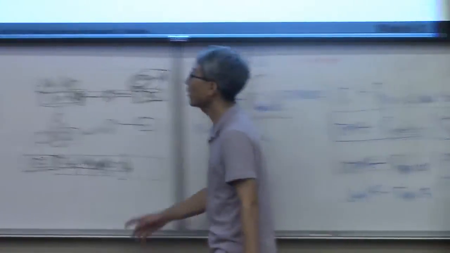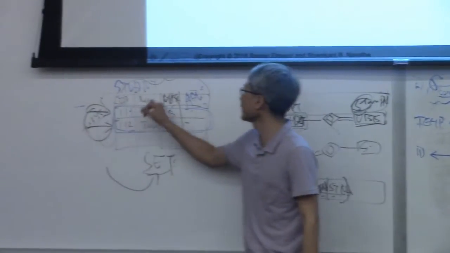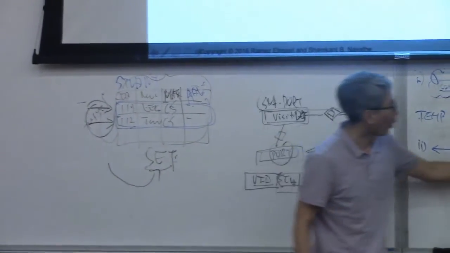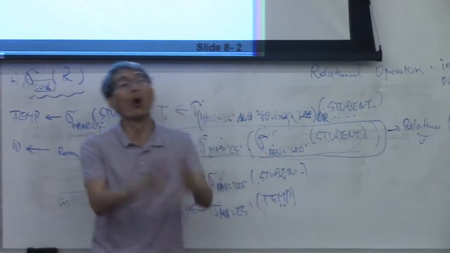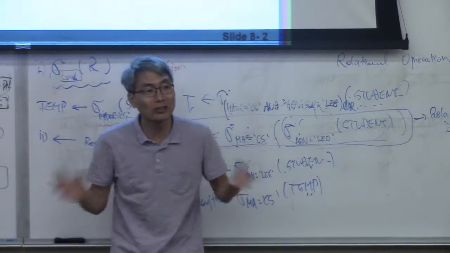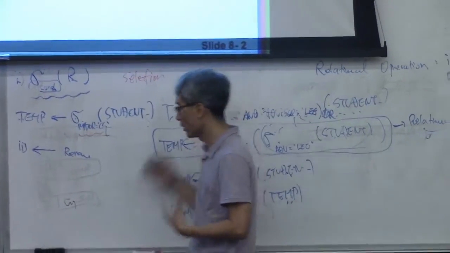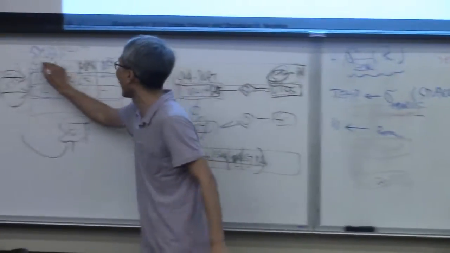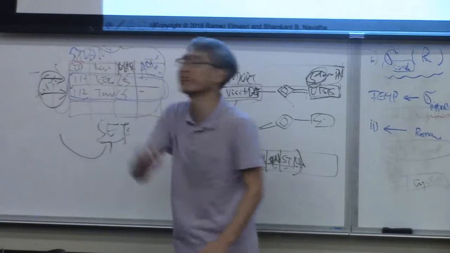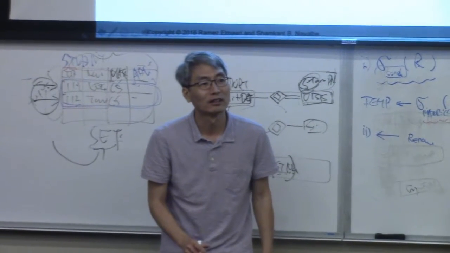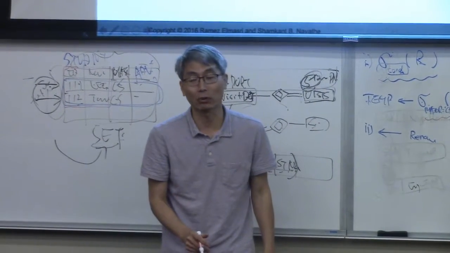However, let's take a look at this. I don't want ID, name, and all attributes. All of this actually returns all attributes, right? Because I select tuple by tuple, it returns all attributes. But I don't need all the attributes. What I need is ID and name only. ID and name only.